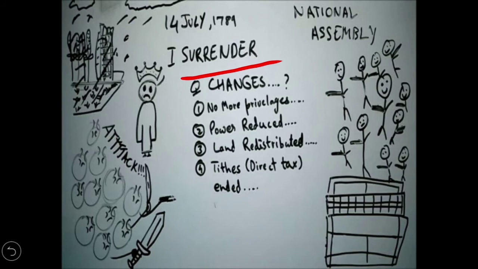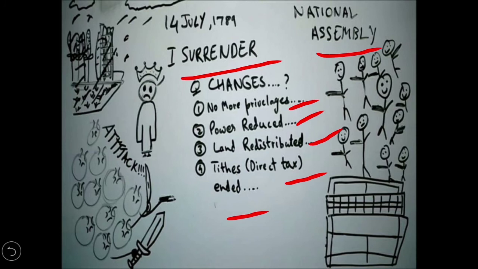Now, when he surrendered himself to the National Assembly, what were the changes that took place? No more privileges were given to the first and the second estate. Powers of the monarch were reduced. Land was redistributed, and tithe, that is the direct tax, ended.